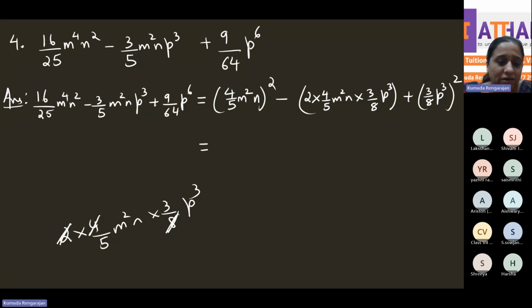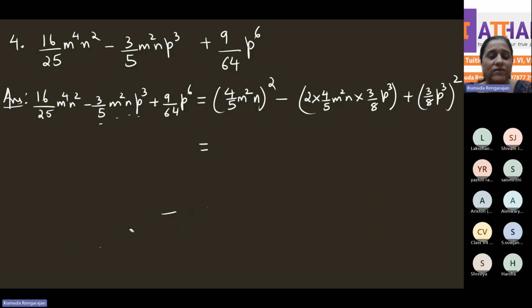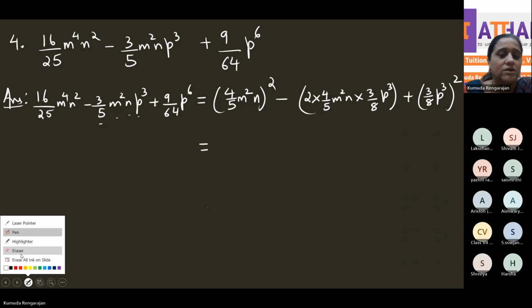So we have 3 by 5 m square n p cubed, which is the middle term.